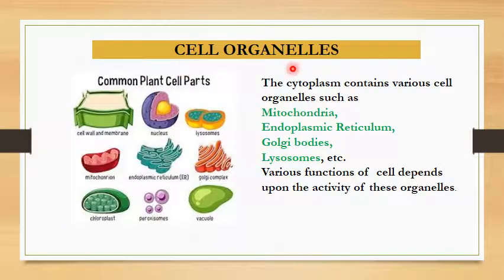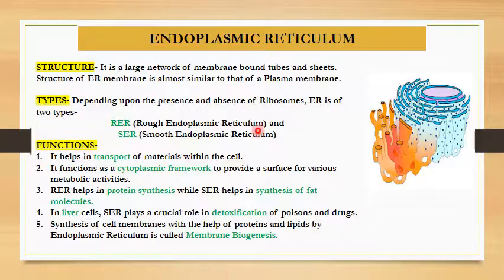Cell organelles. The cytoplasm contains various cell organelles such as mitochondria, endoplasmic reticulum, Golgi bodies, lysosomes, etc. Various functions of cell depends upon the activity of these organelles. Endoplasmic reticulum. Structure.